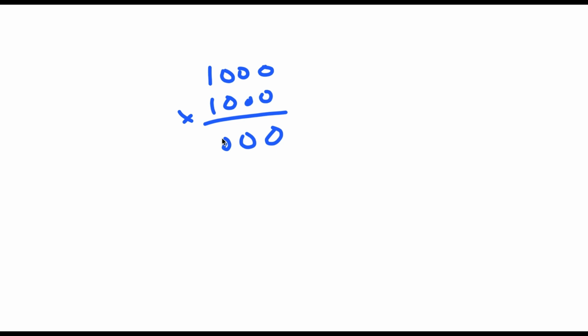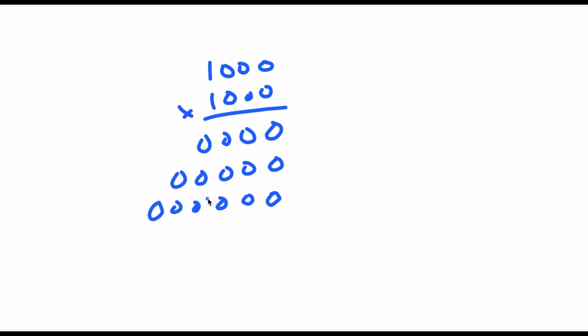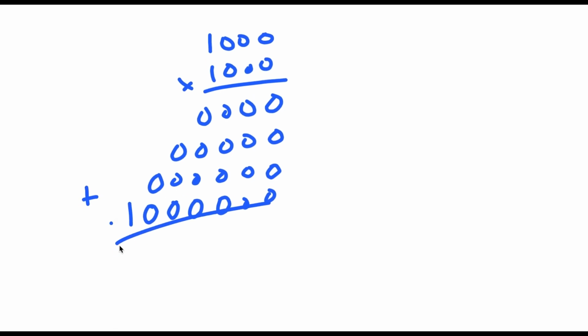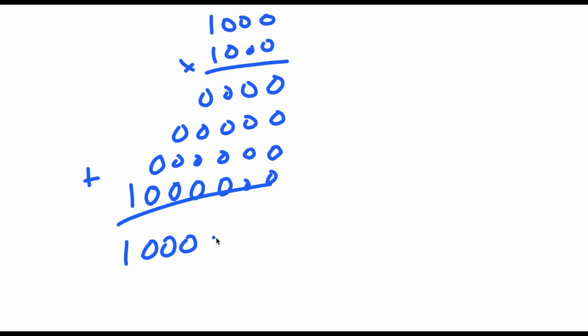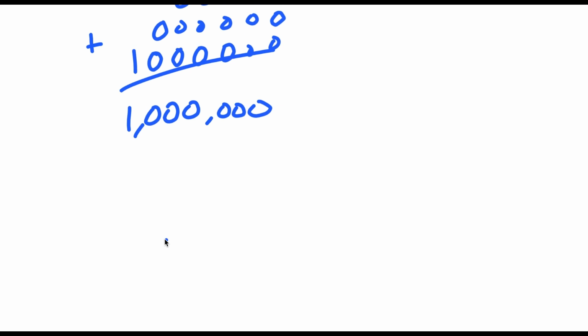And obviously here, 1,000 squared, this is equal to 1 followed by a bunch of zeros. So I get 1 million as the value for 1,000 squared.